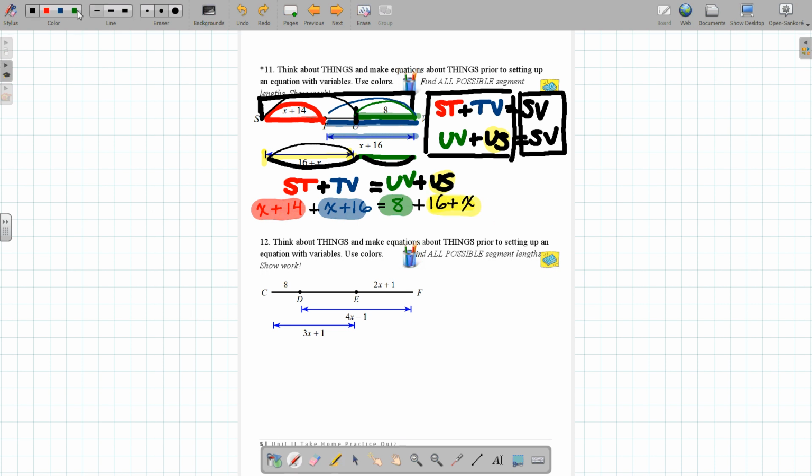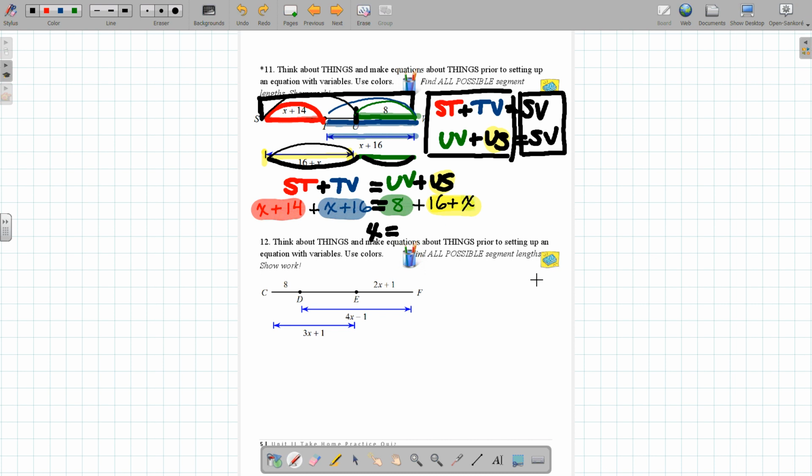Now that you have this, and you have an equation, obviously you're going to solve for X. And once you solve for X, I want you to plug it in and make sure everything works. Follow a similar process for problem 12. I'll give you a hint for problem 12.